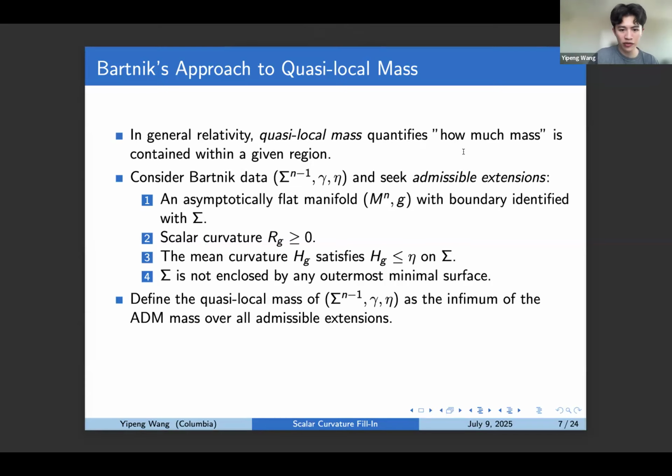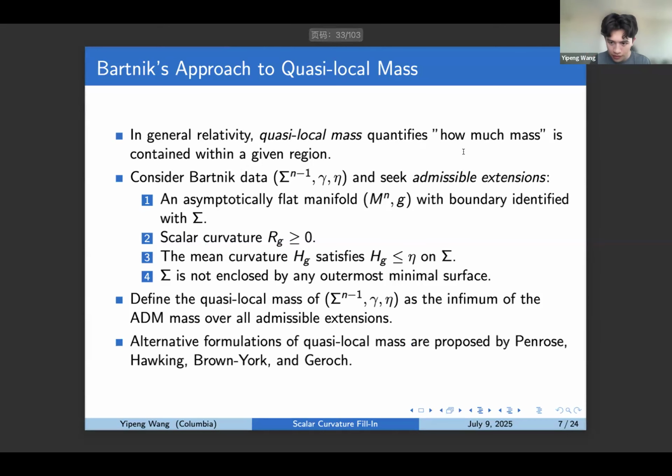One of the key advantages of doing that is that, by the positive mass theorem, these possible extensions will have non-negative mass, and therefore when you take the infimum, the quantity associated to Sigma also has non-negative mass. This is one of the crucial properties that you want to have for this type of quasi-local mass. You want it to be non-negative.